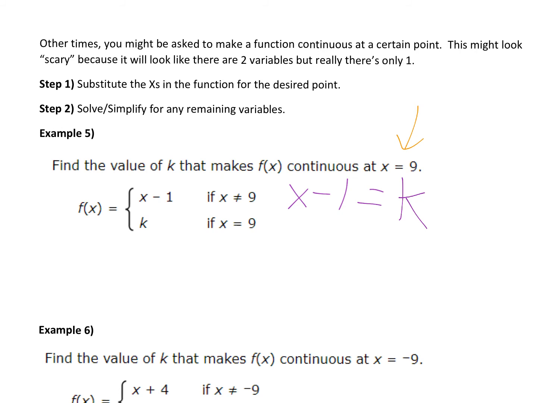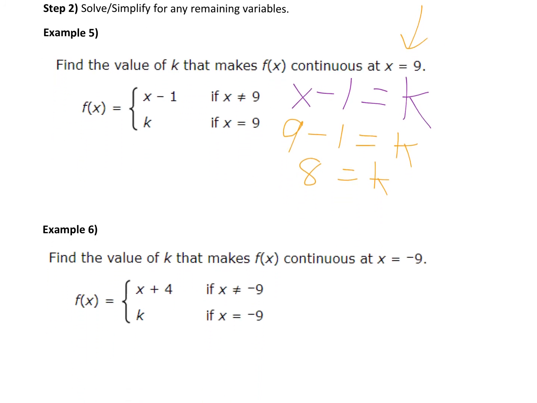So right off the bat, we can substitute a 9 for that x value, and this becomes 9 minus 1 is equal to k, or 8 is equal to k, such that if k equals 8, this original function will be continuous at x equals 9.